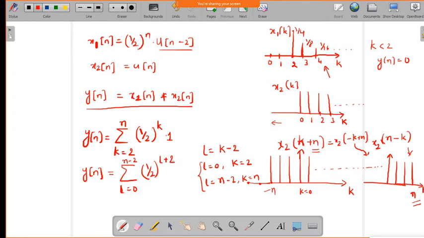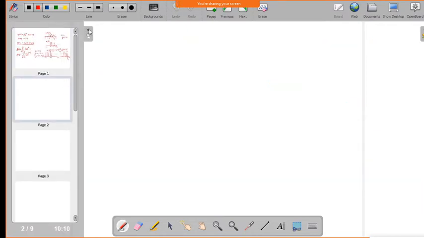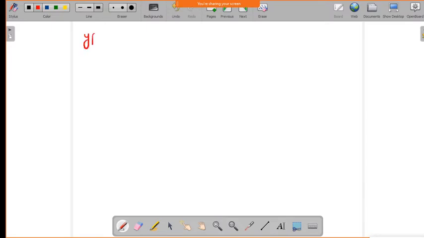Okay. So now you evaluate this expression. So what you will get? So your y of n is equal to summation L equal to 0 to n minus 2 half power L plus 2.